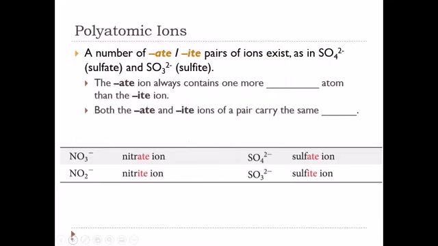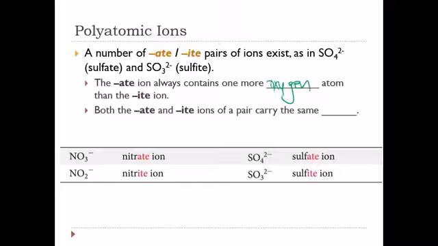And then a number of ate-ite pairs of ions exist. Essentially these are very similar pairs, except they differ in the number of oxygen atoms. So the ate ion always contains one more oxygen atom than the ite.